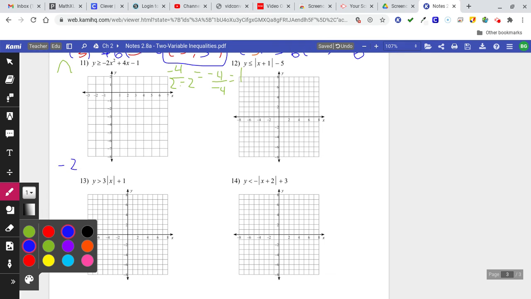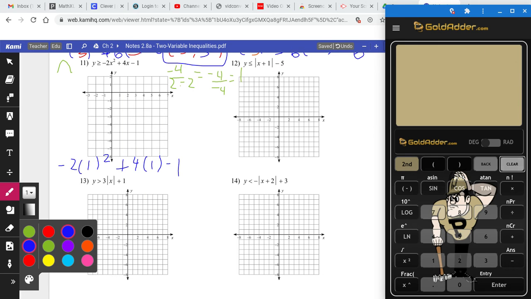You get -2 times the 1 that we just found squared, plus 4 times that 1, minus 1. Calculator. And we get 1. So that means my vertex is 1, 1.